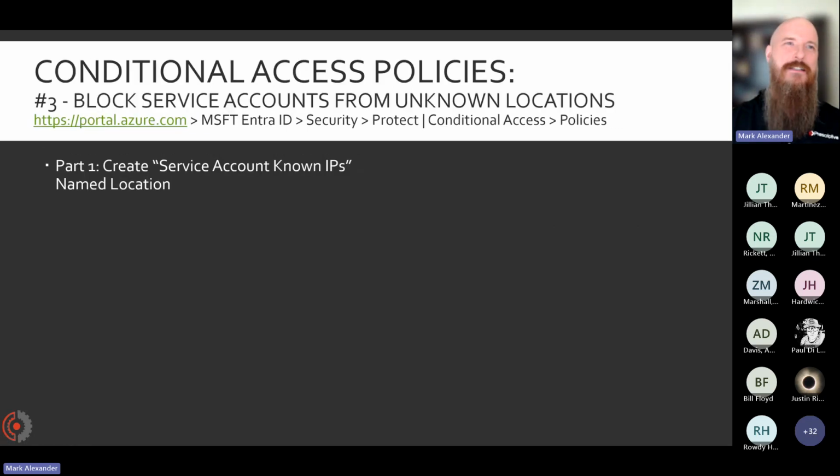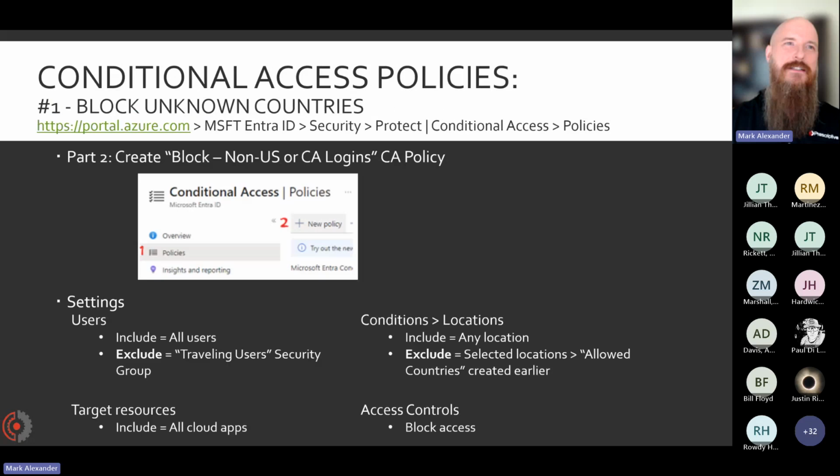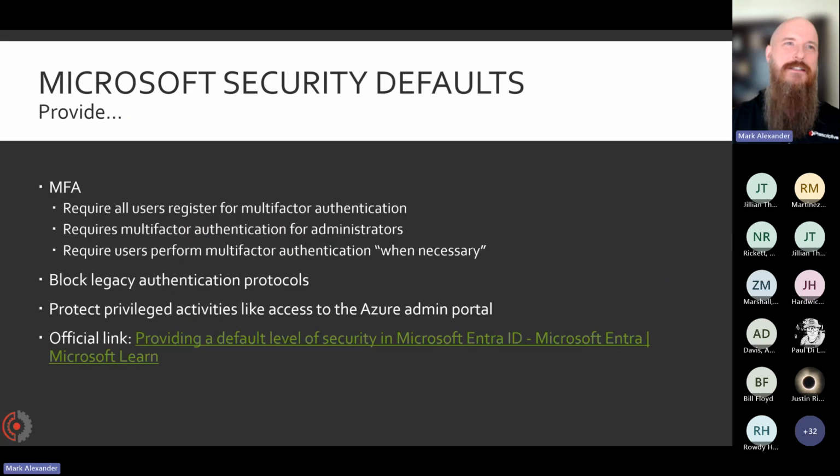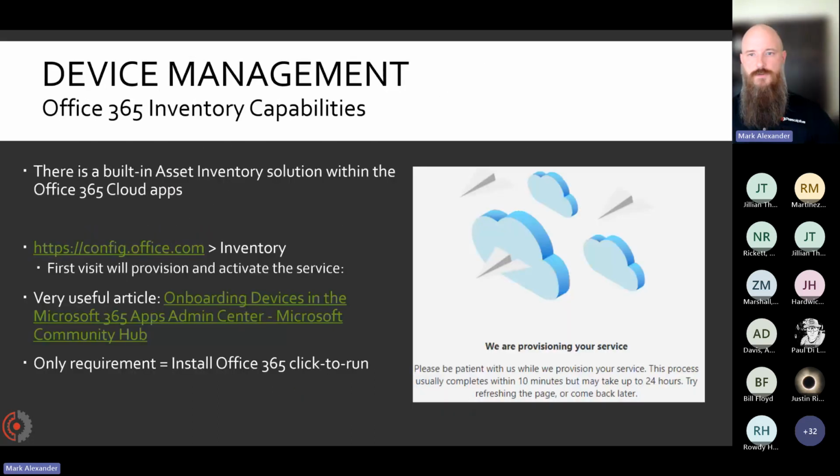Move real fast. So there is, believe it or not, an actual full-blown device inventory tool that's available. And the key mechanism here, as long as you install the Office 365 click-to-run apps, so Word, PowerPoint, what you would normally do, it functions as an endpoint agent to actually gather CPU details, RAM details.